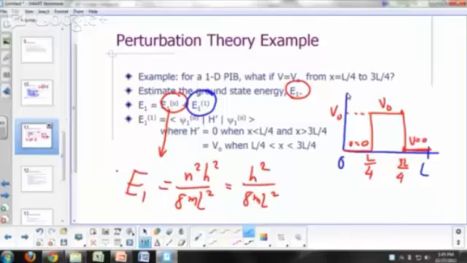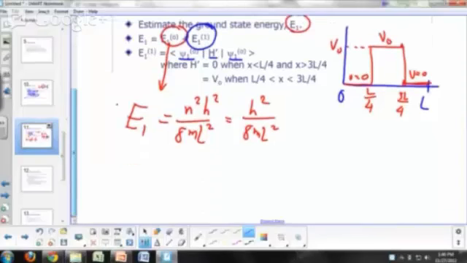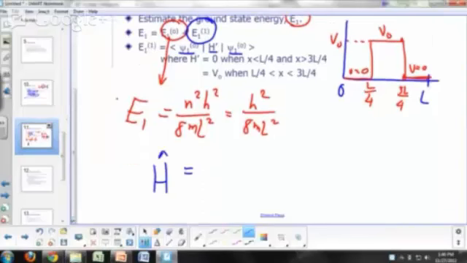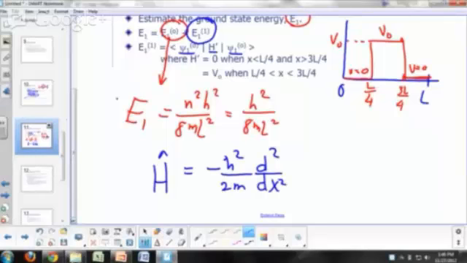It is given by this formula, psi naught H prime psi naught integrated over all space. And what's our perturbation here? What will be our Hamiltonian in this case? Hamiltonian is going to be negative h bar squared over 2m, second derivative with respect to x. That's your kinetic energy operator.